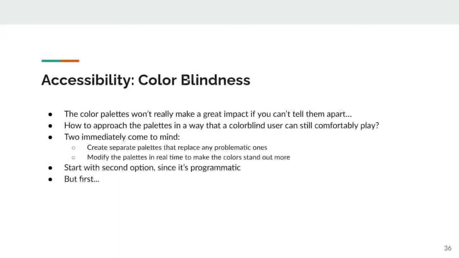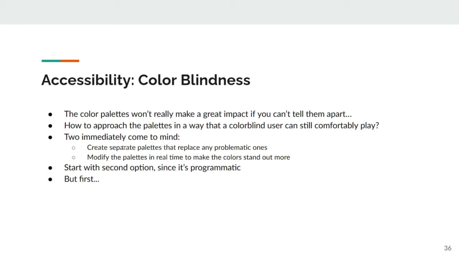And then another accessibility issue is color blindness. If you have trouble differentiating the colors, you might not even be able to tell what's going on, even more so than how it is right now. So how can you approach it so that somebody who has one of the types of color blindness can still play comfortably and differentiate the different colors?